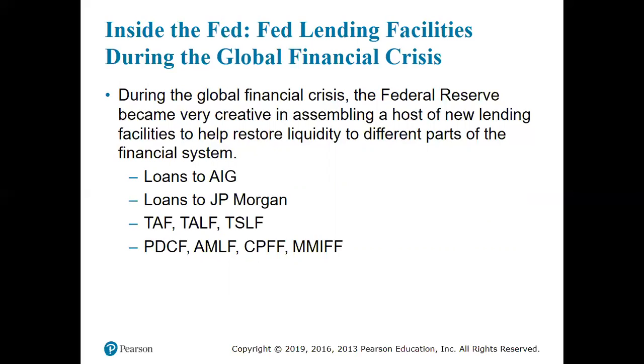One was they did make a loan to AIG, large international insurance company that had significant exposure to the credit default swaps. They got bailed out because they were seen as kind of too big to fail. Also, there was a loan to JP Morgan that helped them to purchase Bear Stearns.